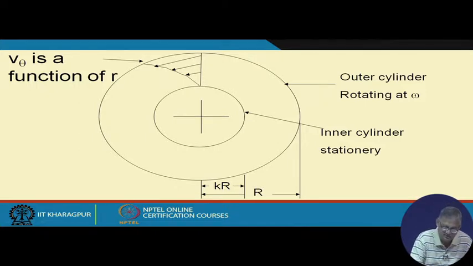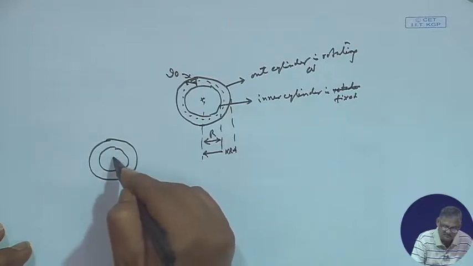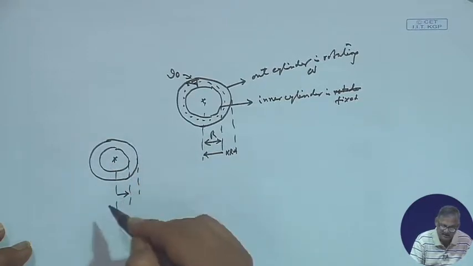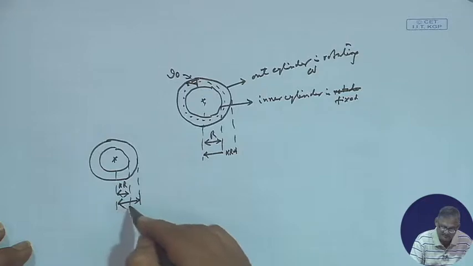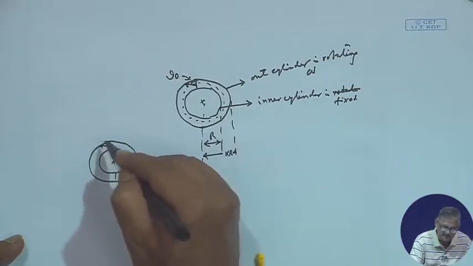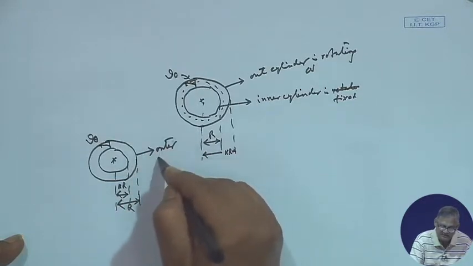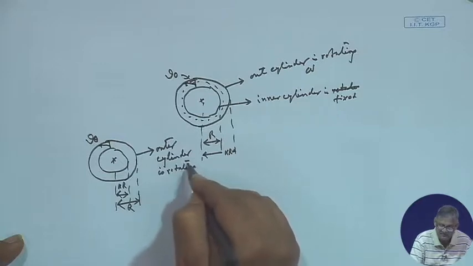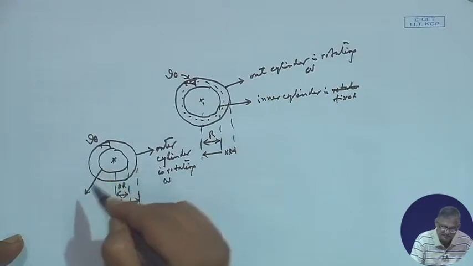So we have these two coaxial cylinders, and the radii are like this: this is KR and this is R. All else remains the same: the velocity profile is v theta, the outer cylinder is rotating with an angular velocity of omega, and the inner cylinder is fixed.